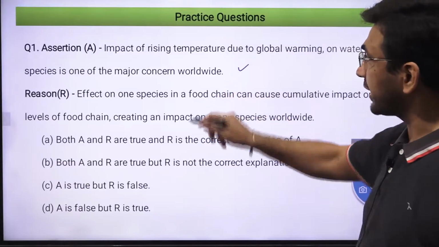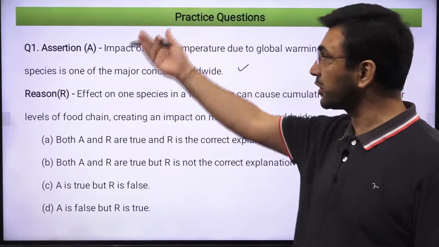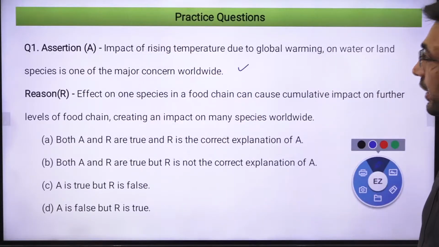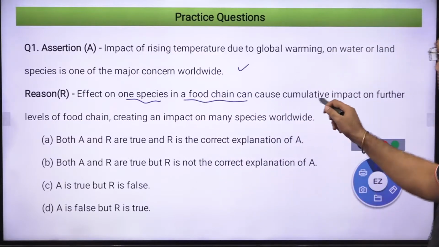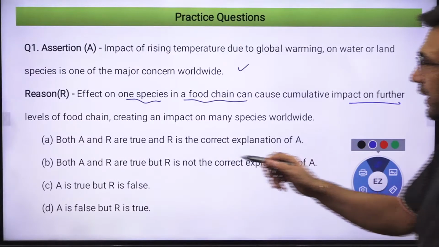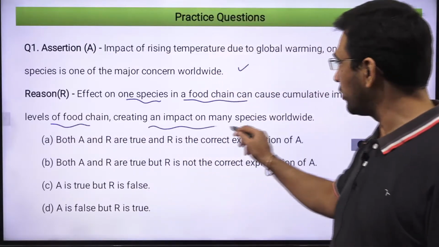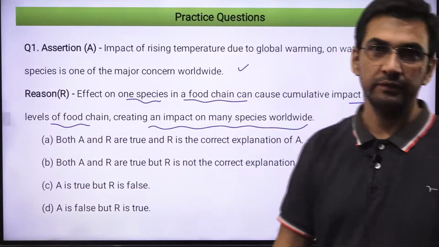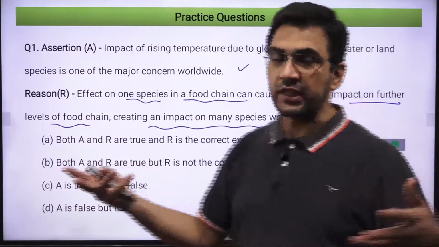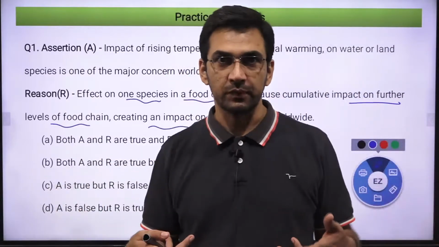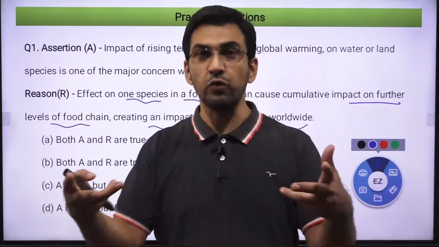Now let's see whether the second statement is correct, as well as whether it is the right explanation for the first one. Effect on one species in a food chain can cause cumulative impact on further levels of the food chain, creating an impact on many species worldwide. What does it mean? As you know, all the species are connected through food webs, right? The species are interconnected and therefore food webs have got created.